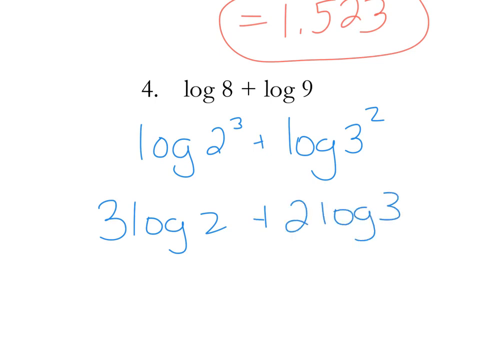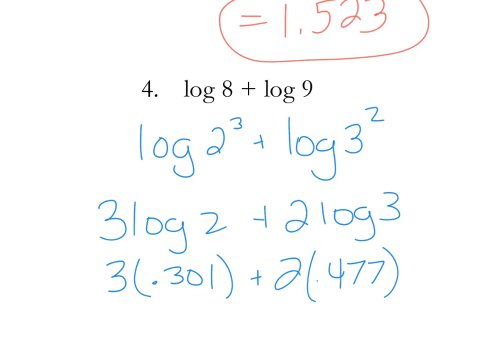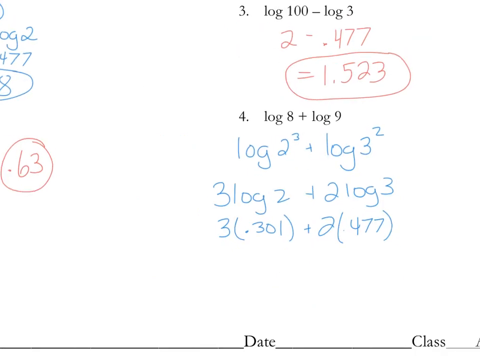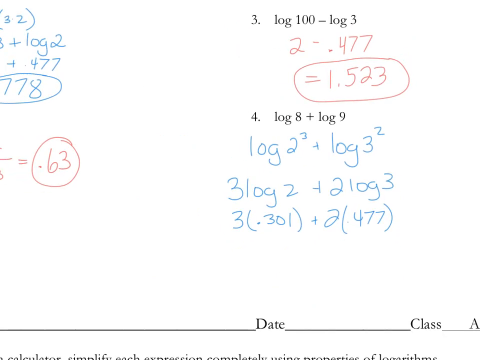Why did we do that? Well, we know something about log base 10 of 2 and log base 10 of 3. We can write this as 3 times 0.301 plus 2 times 0.477. And once we simplify that, we should get 1.857.